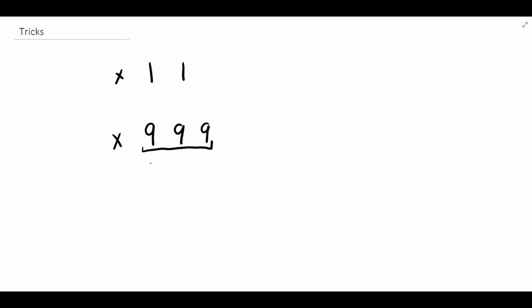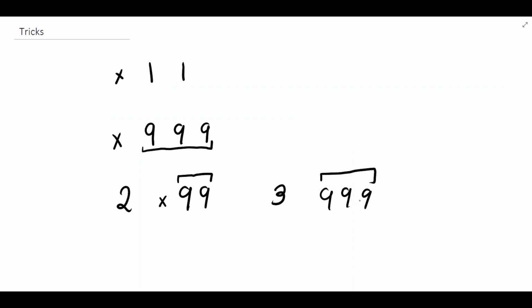There's no name for them, but we call them nines. So multiplying by an equal number of nines, meaning you have a 2-digit number when you multiply it with 9 or 2 digits of 9, or if you have a 3-digit number, you multiply it with 3 nines, and so on.